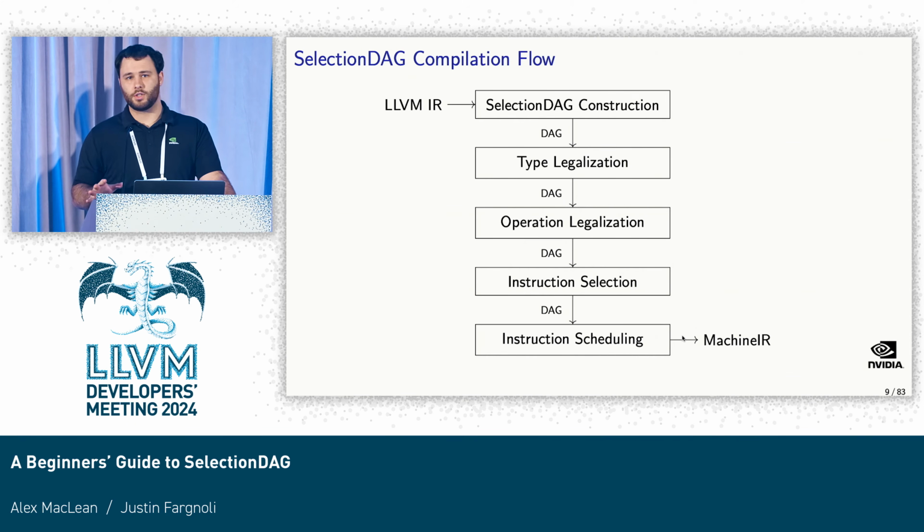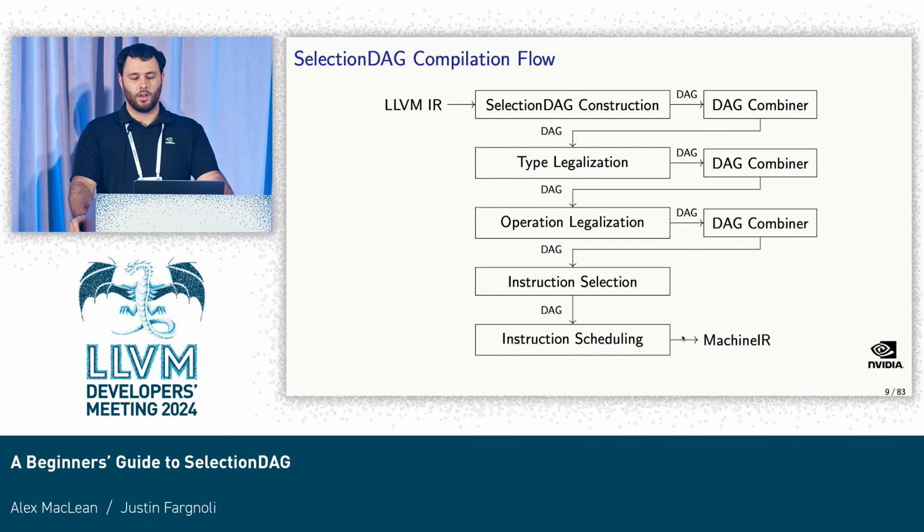We then perform instruction selection to select the particular machine instructions that will run on the chip and schedule them to go from a DAG of instructions to a linear sequence of machine IR. In between construction and our legalization phases, we also perform peephole optimizations with DAG Combiner. This is to eliminate any inefficiencies we could have introduced in our lowering and legalization.